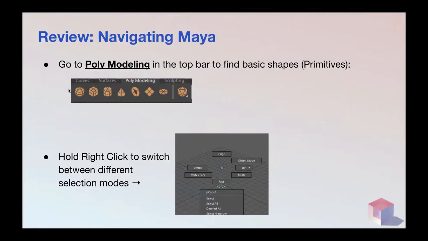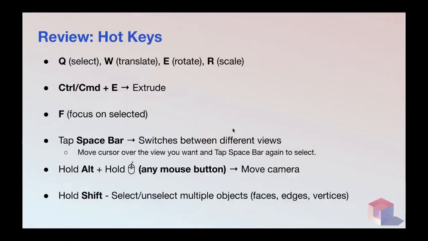If you want a sphere, just click it. Now you want to switch to different modes, like edge mode or vertices. You just right click with your mouse. If you don't have a mouse, you hold the tab key for a long time and pull it around to whatever mode you want.